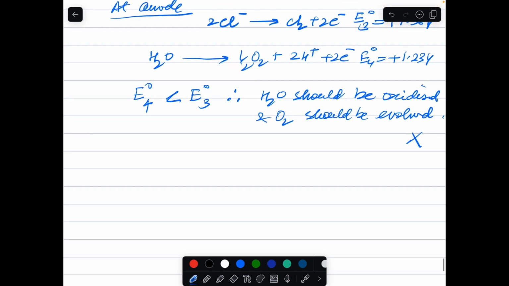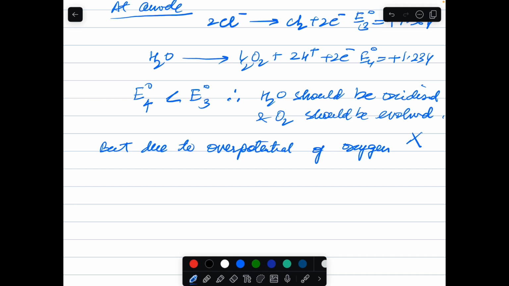Why? But due to over potential of oxygen. In case of the oxidation of water, the reaction is kinetically very slow. Therefore, oxygen gas will be evolved not at the given value but at some other value which is much higher than this value.